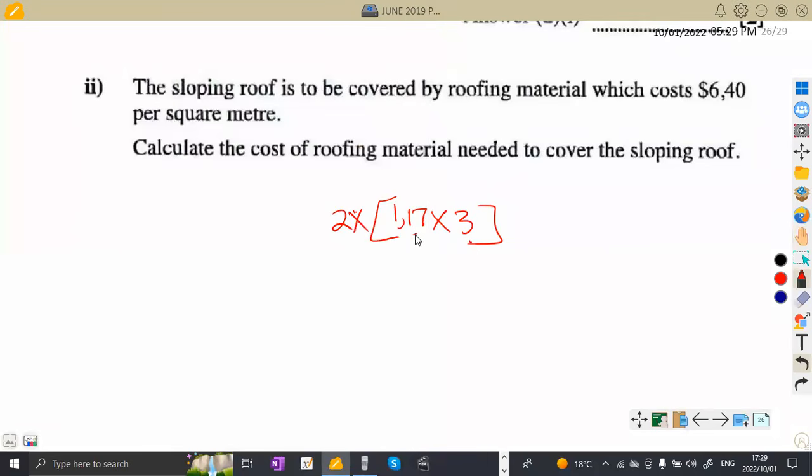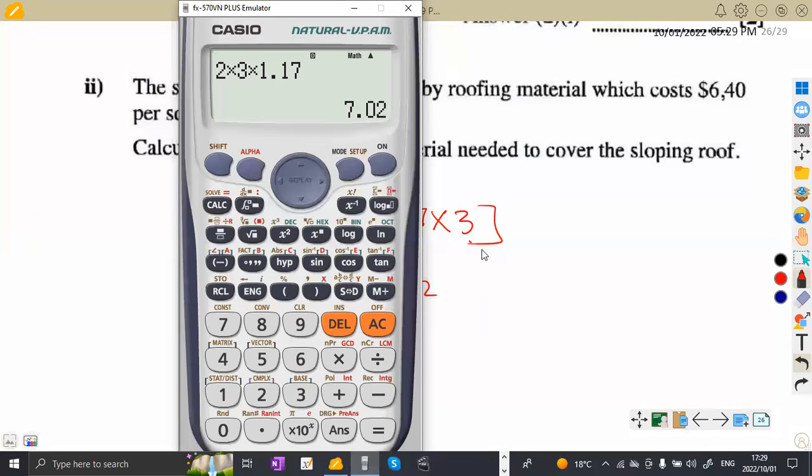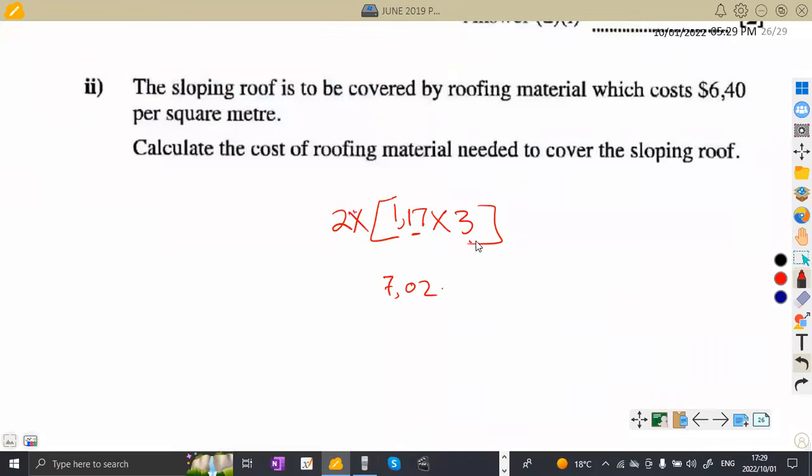So here I'm working with this unit. I'm going to have 7.02, depending on the rounding off that you did before, square meters. This area is to be covered at a cost of $6.40 per unit. So we are going to have 7.02 times the cost per unit, which is $6.40.